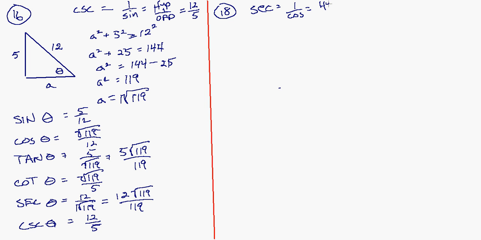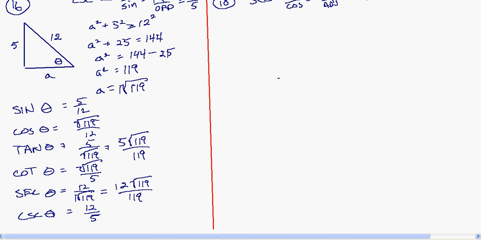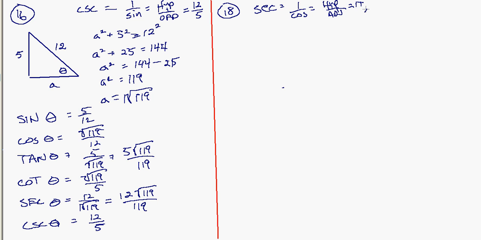So if they give it to us as 17 over 5, therefore, when we build our triangle, if this is theta, then our adjacent is 5, and our hypotenuse is 17.